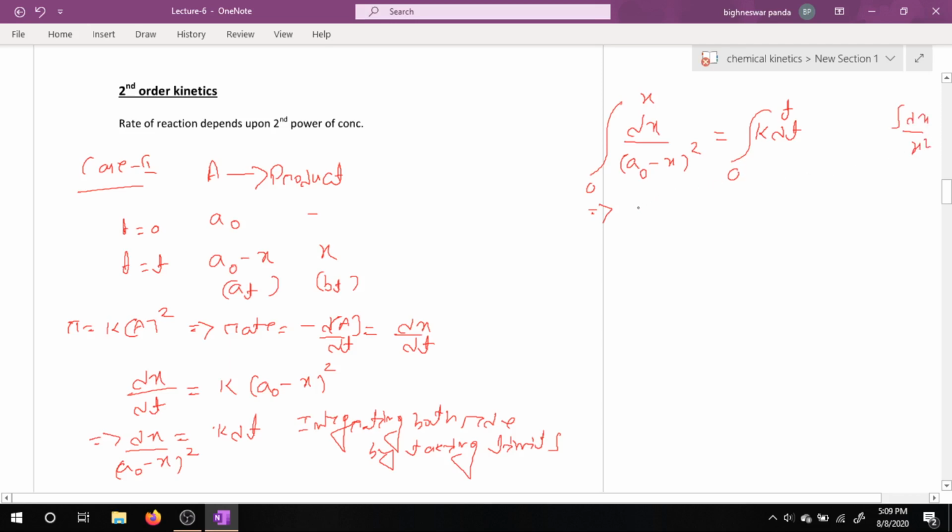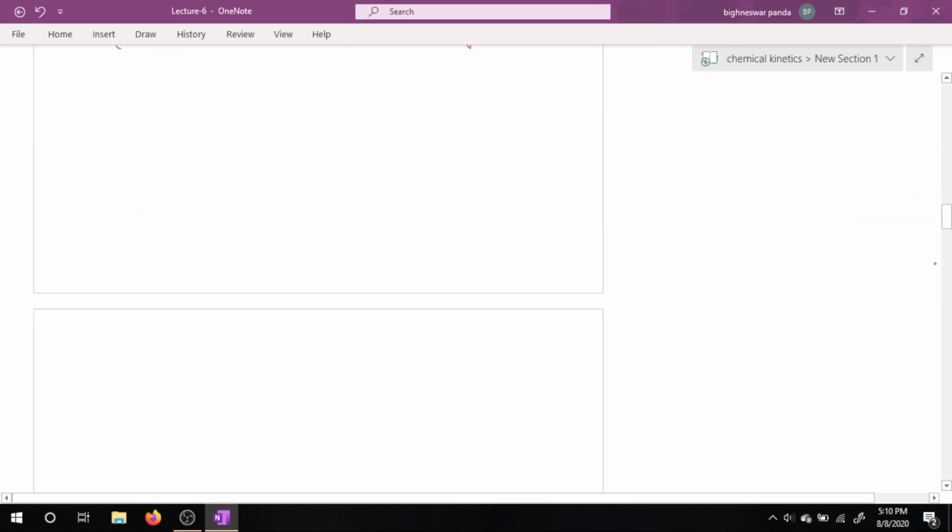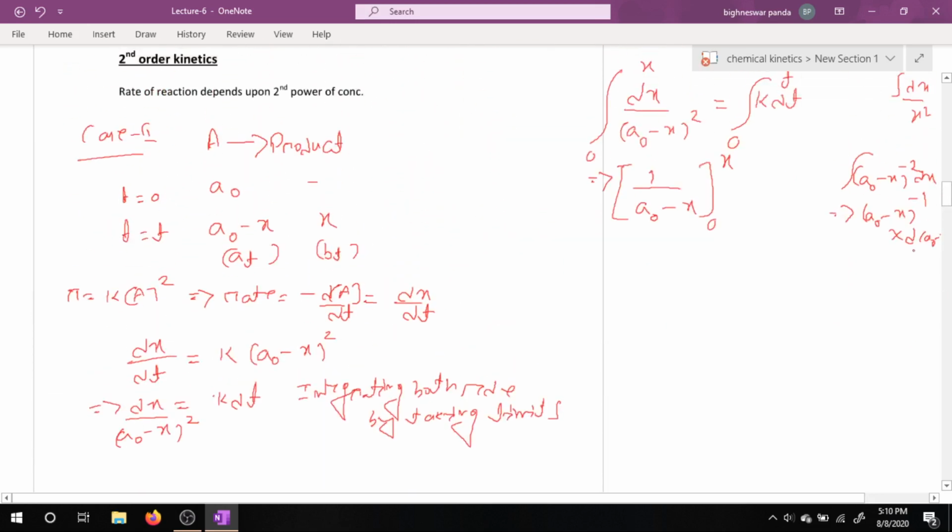So I can write here dx by a naught minus x whole square as 1 by a naught minus x. How? A naught minus x to the power minus 2 dx, integration of a naught minus x to the power minus 1 into d of a naught minus x.